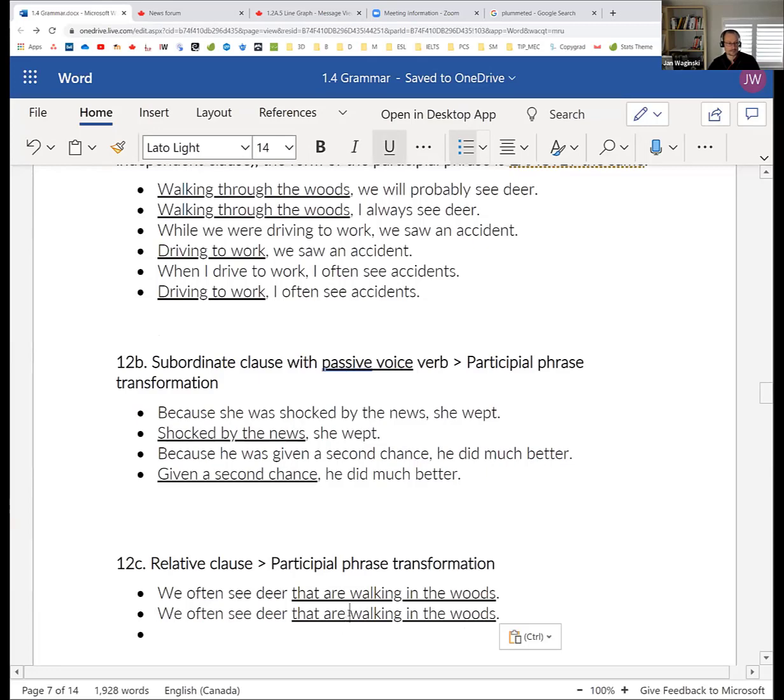Rama? She might have said. Yes. Okay. So how do we transform this into a participial phrase?